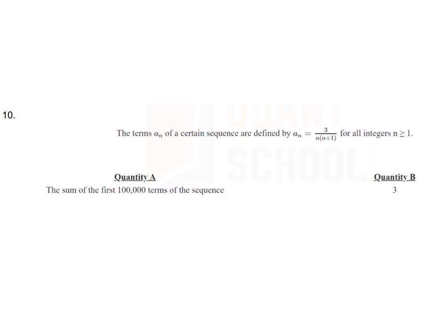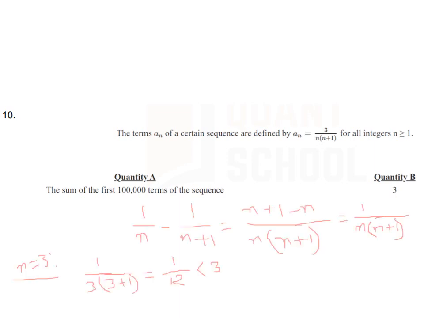So in this question, we can use the split and cancellation method. Let's try it. So 1 by n minus 1 by n plus 1, and we get, after the calculation, 1 by n into n plus 1.